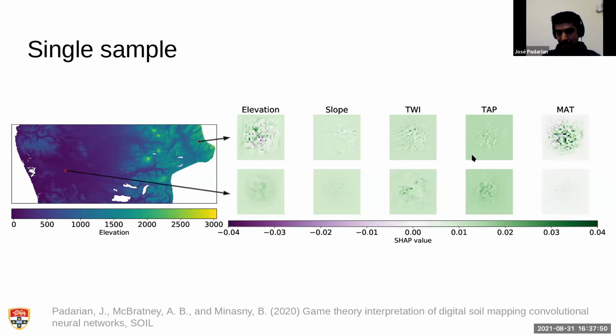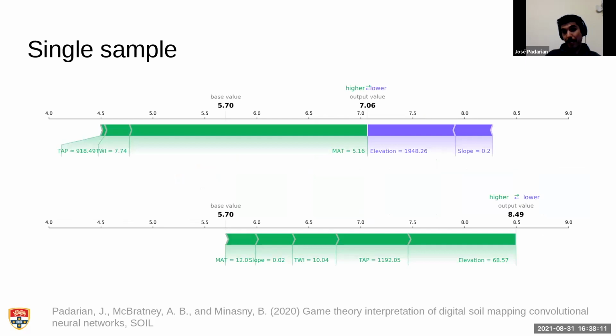You can see the different values that we can obtain with the SHAP value. The positive contributions are green and the negative values are purple. It's a bit hard to see, as this is the contribution for each pixel. It gets a bit complicated, but if we aggregate this data, it makes a bit more sense.